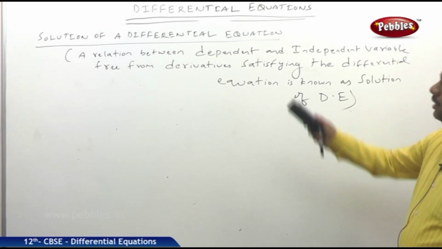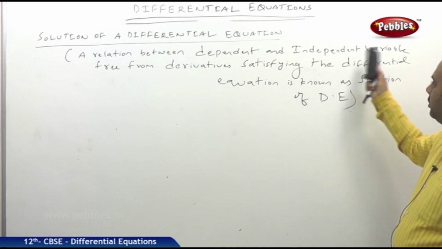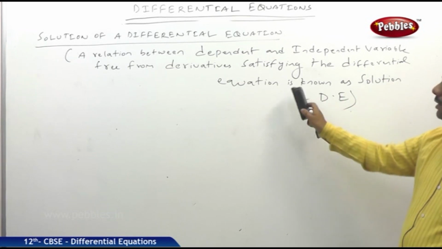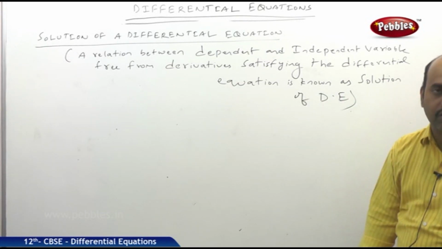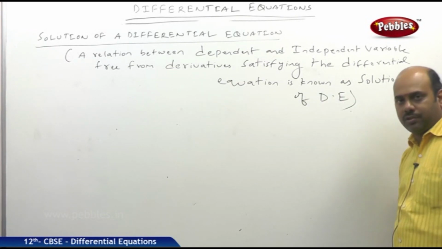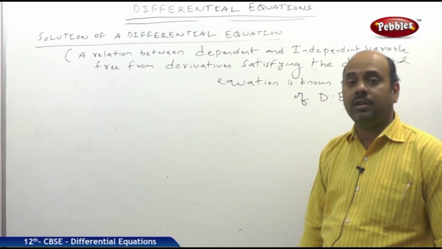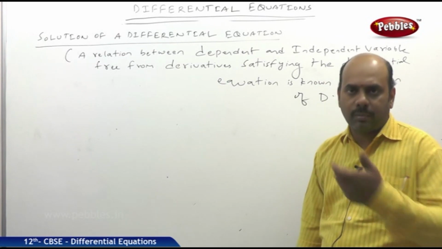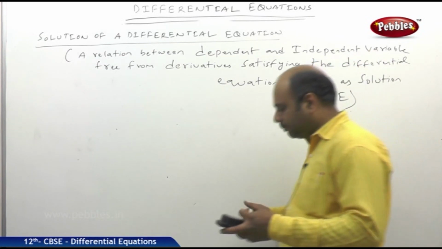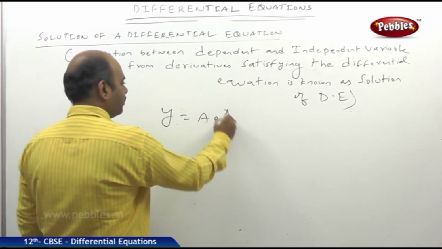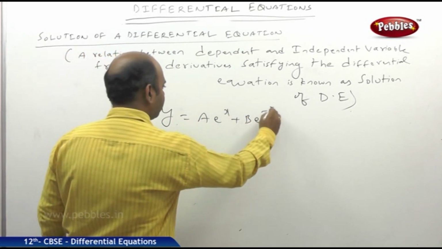I told it orally: a relation between dependent and independent variables, free from derivatives, satisfying the given differential equation is known as a solution of the differential equation. Now in today's class we will see how to frame the differential equation. Some relation will be given to us, for example y is equal to a e power x plus b e power minus x.